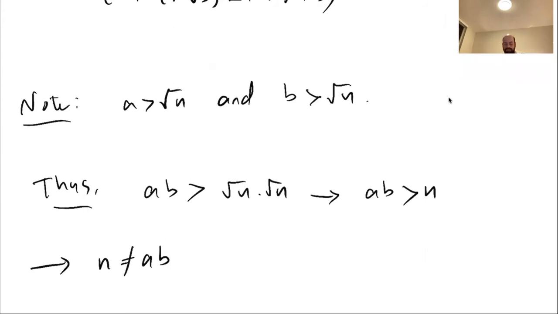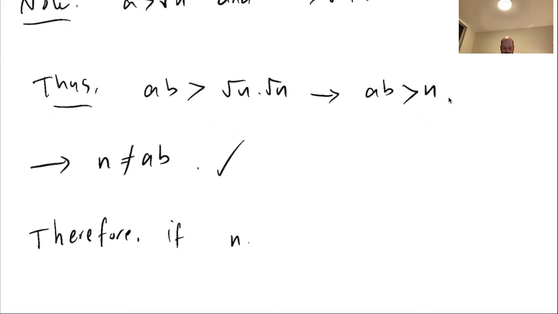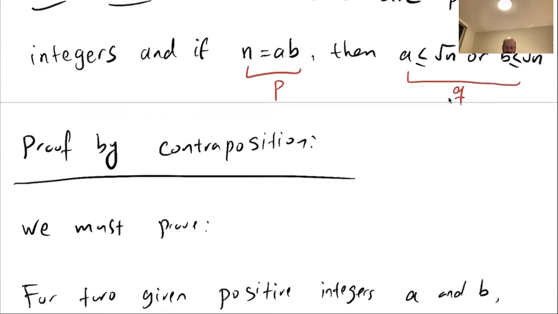Well, that's it. Therefore, if n equals ab, then a is less than or equal to root n, or b is less than or equal to root n. That's what we wanted to show.